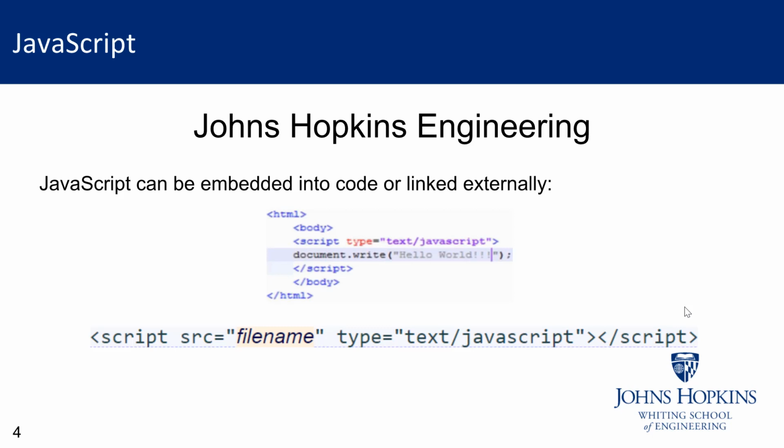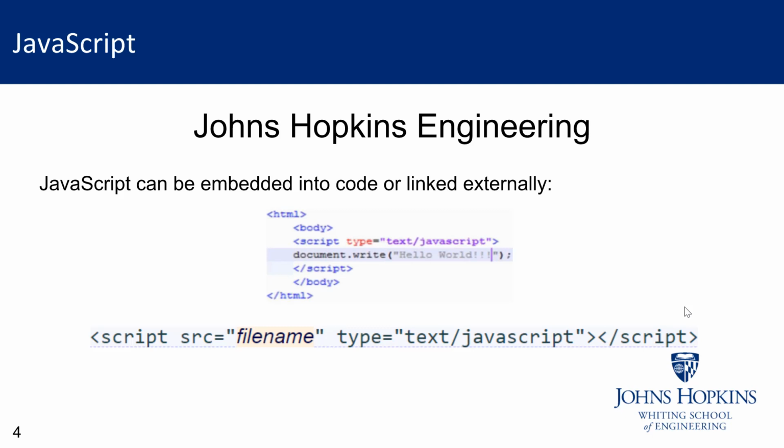Within the body of the HTML document, which is usually what's rendered to the user, we see this tag, which is called a script. You can see that the type on the script tag is a JavaScript script. What that means is that within those delimiters, within the start and end script tags, we can write valid JavaScript code and it will be executed by the browser.